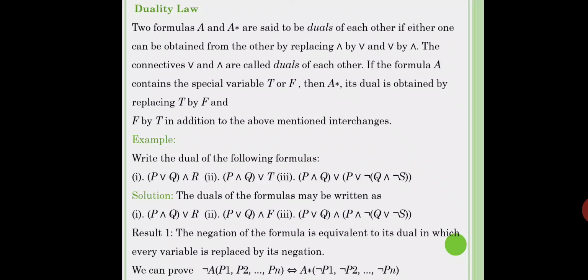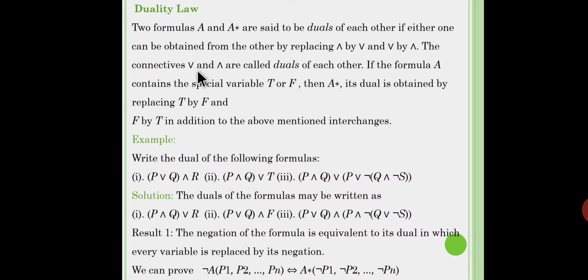So what is the rule here? In the duality law, two formulas A and A star are said to be duals if either one can be obtained from the other by replacing and by or and or by and.